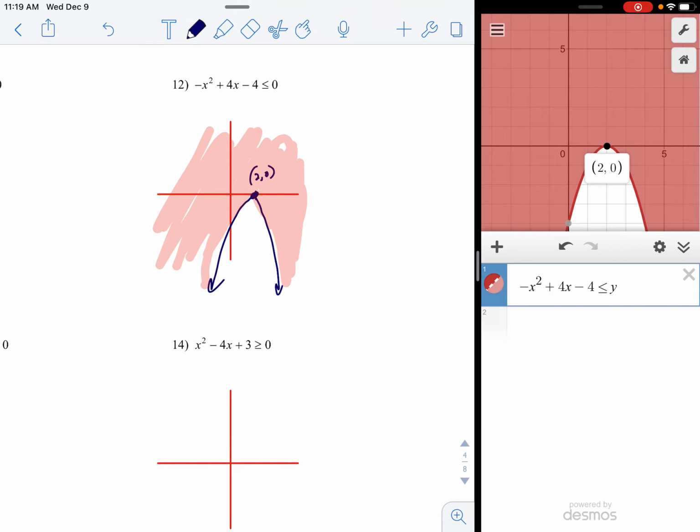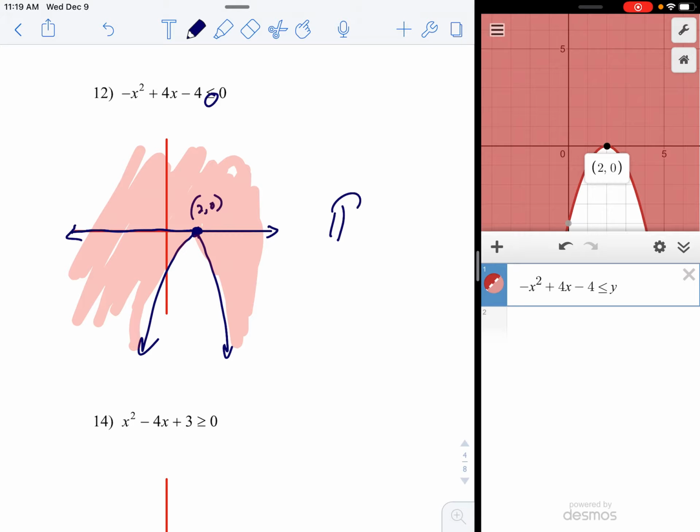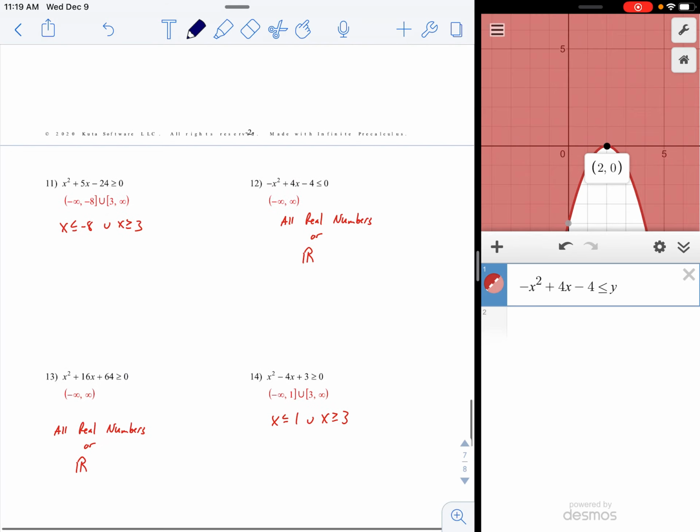Well, because it's a closed dot, because there is an equal to sign here, every part, including the vertex itself, is shaded. The entire x-axis is shaded. So this just works out to be an all real numbers problem. And that's it. Number 12. Where am I? Right there. All real numbers.